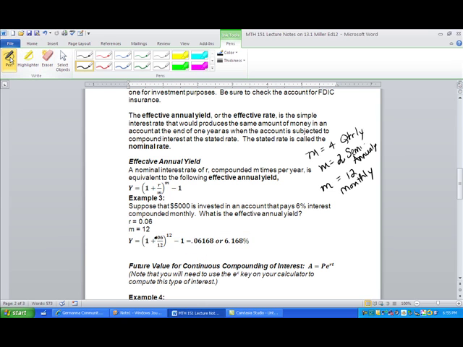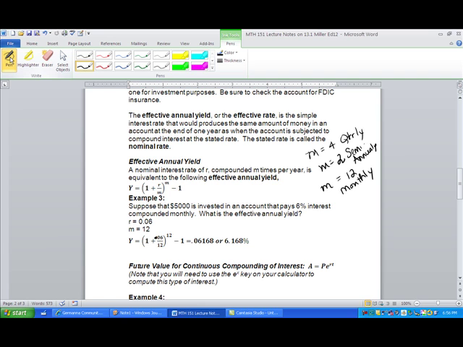So let's do the calculations together. I'll go over the calculator. You want to do 1 plus 0.06 divided by 12, hit equals, and then raise it, again the caret key will do that, to the 12th, equals, and then subtract 1.